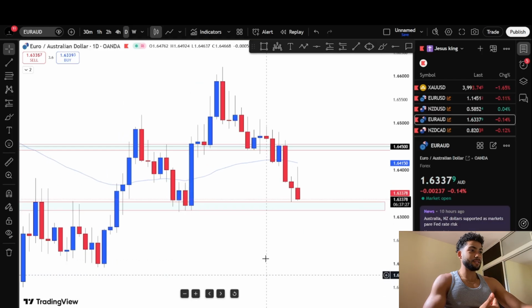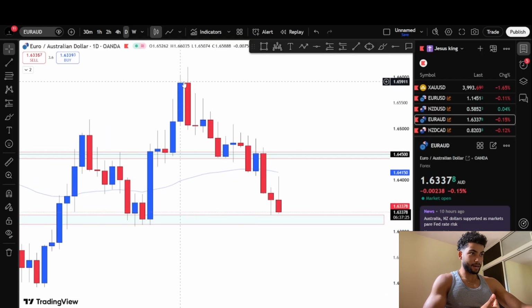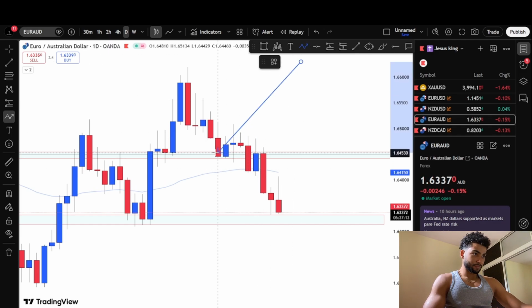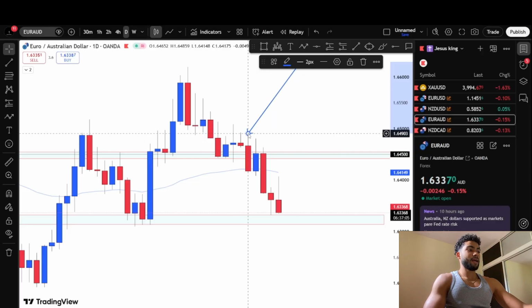The daily time frame is bearish because this was the higher high, this was the higher low, and we shifted the structure. This was the lower low, lower high, and then this was the lower low, and then this the lower high, because price closed below this lower low and then made this lower low and this lower high.